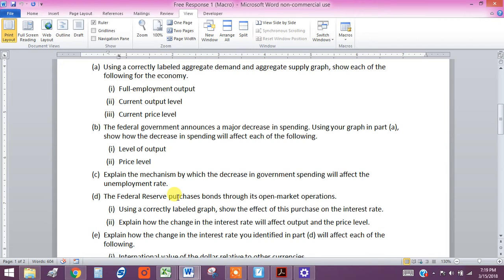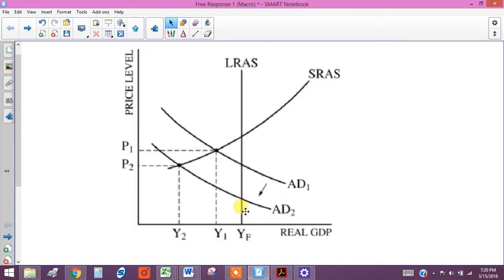Well, you simply need to say in words that when we cut spending and we shift our aggregate demand to the left, and we lower our real GDP from Y1 here to Y2 here, that's going to mean that businesses are going to lay off workers because they're going to be producing less goods and services.